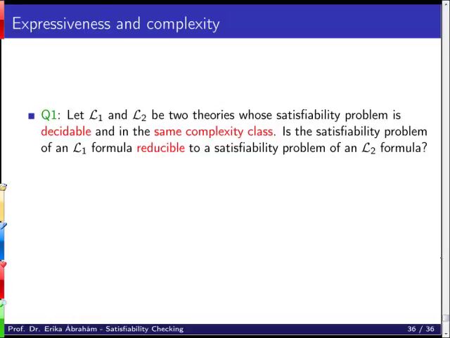And then I solve the input formula on L1, which is obviously possible in the complexity class. If it's true, the reduction returns phi 1, and if it's not, it returns phi 2.